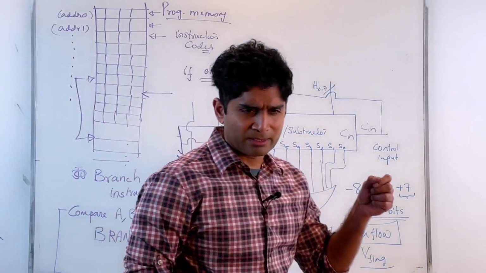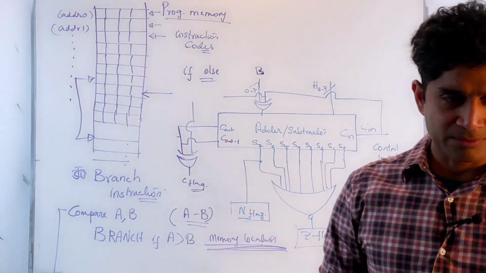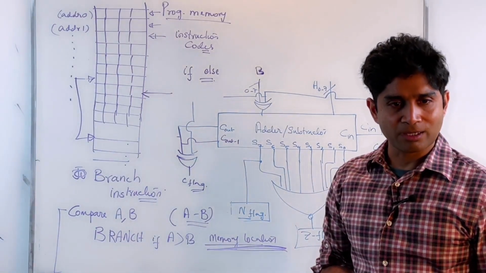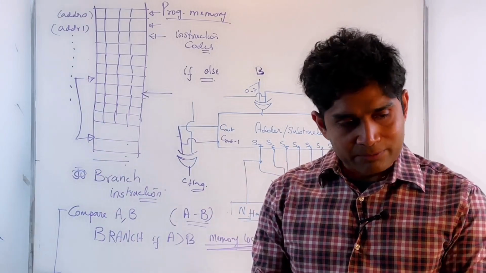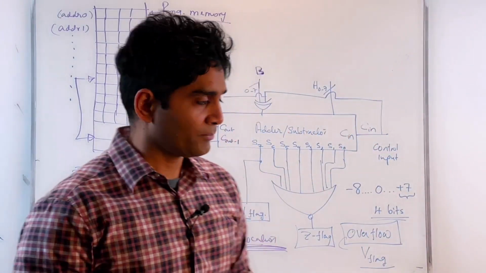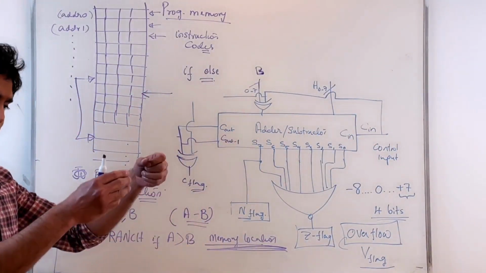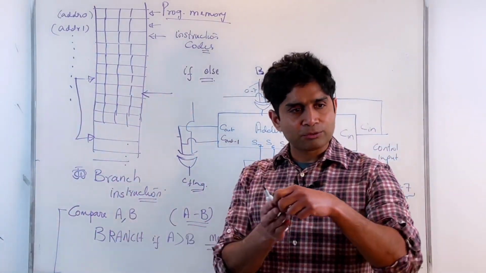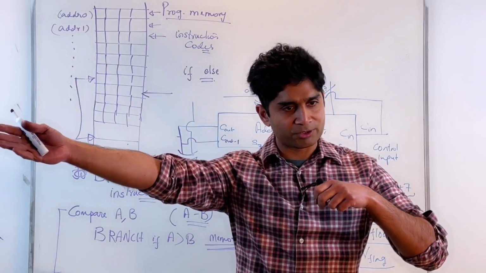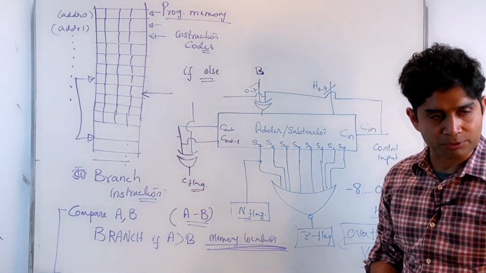Okay. Does that make sense? The process of how this program actually works at the hardware level? So that's a branch instruction. Instead of going sequentially, if this condition is met, you jump to a different location that you specify as part of the code.